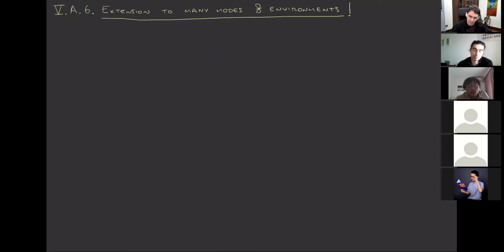At the beginning I told you, okay, what will happen when we have not only a single mode inside the cavity, but we have many modes? And I also consider the situation in which maybe we don't have a single environment, but we have many environments. So what happens if we have several environments?